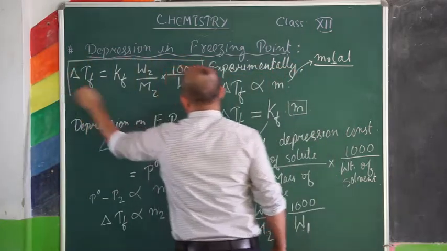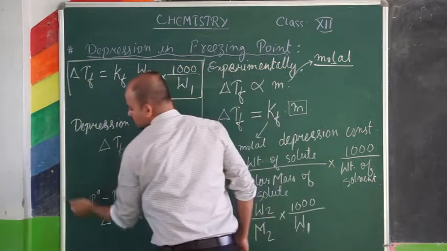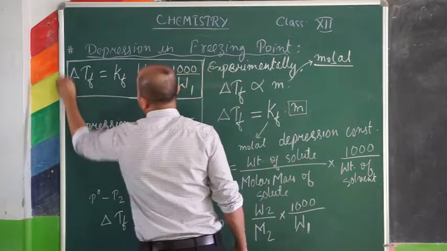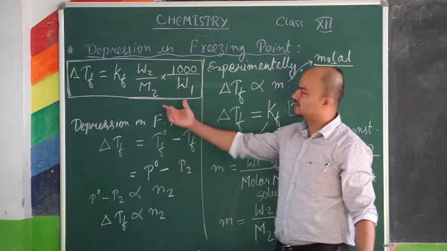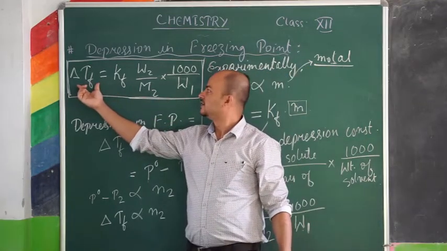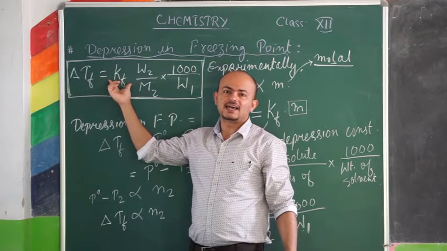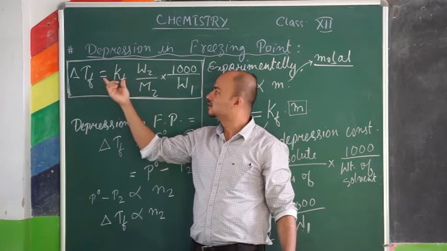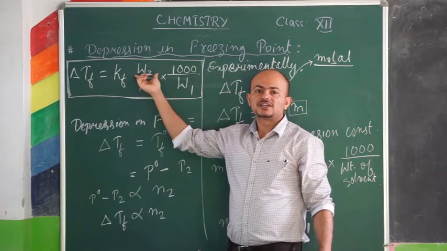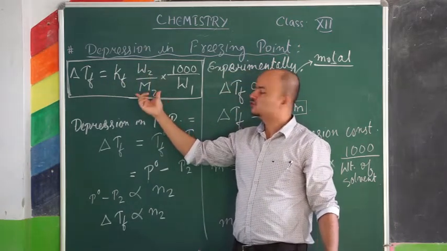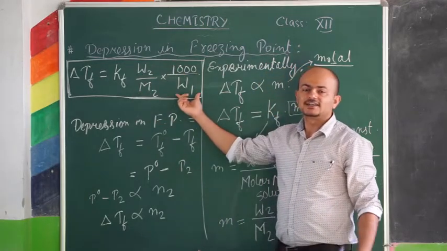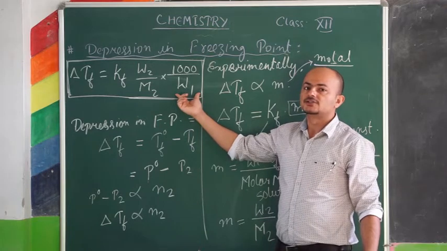From this expression, mostly you will be asked a numerical. So this is depression in freezing point. As I told you, this is molal depression constant, not elevation. W2 is the weight of the solid, M2 is the molar mass of the solid, and W1 is the weight of the solvent.